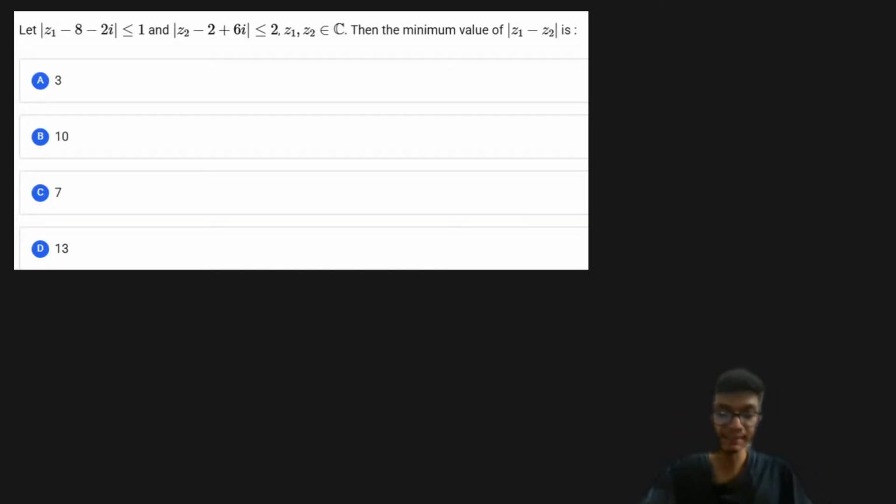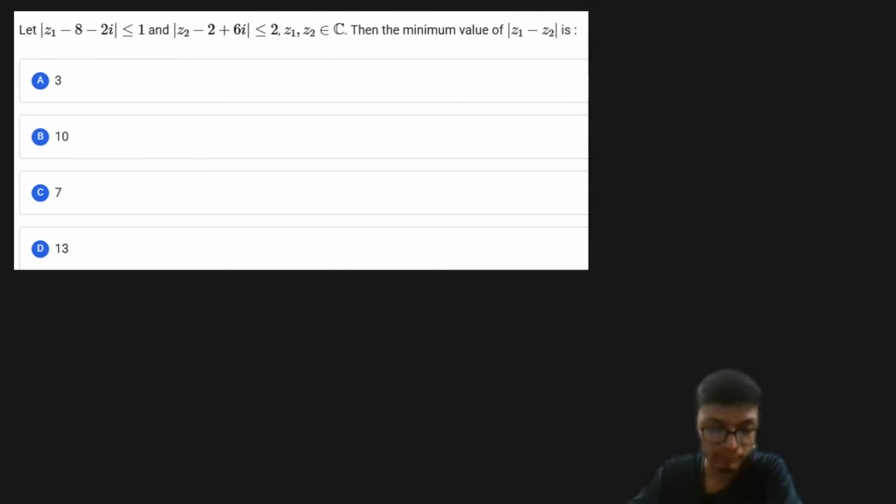Let's get started on the very first problem of the JEE Mains previous year questions on complex numbers. If you have already completed the complex number part, I will give you some time to try this question.